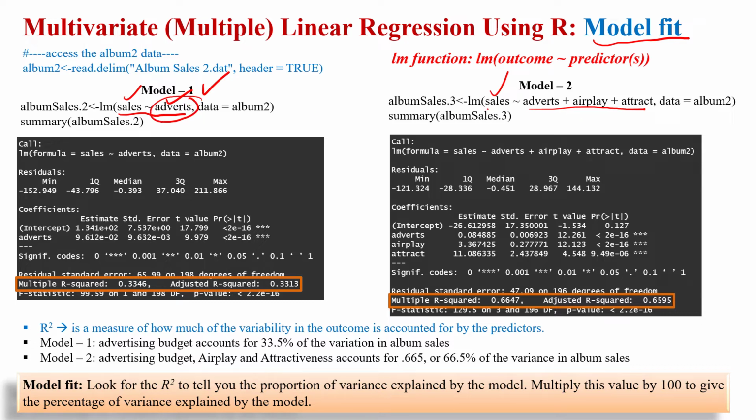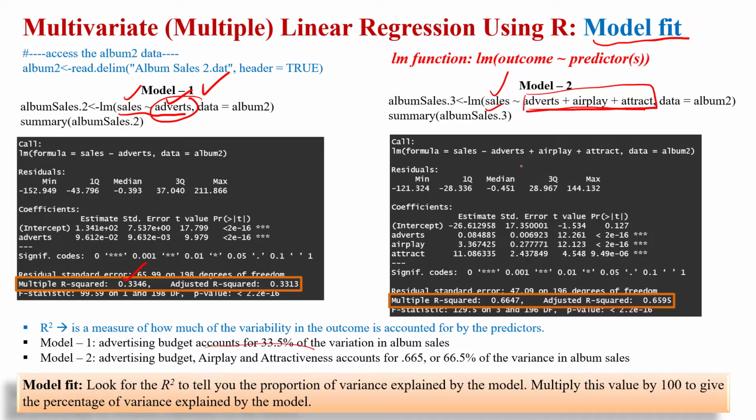With the help of R square, we can say that 33.45% of the variation in the sales is due to the advertisement budget, or we can say that the advertisement budget expenditure is able to explain 33.46% of the variation in the sales variable.